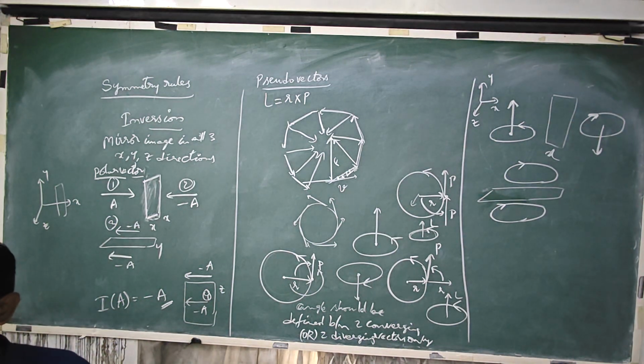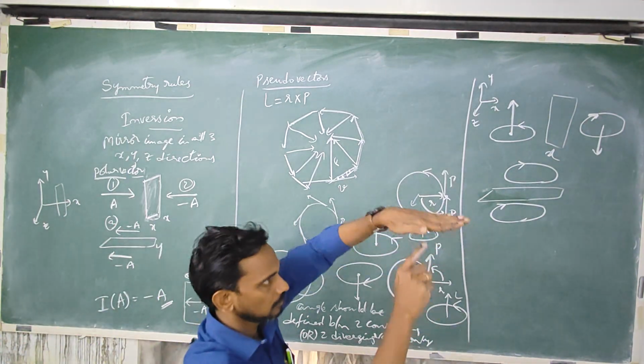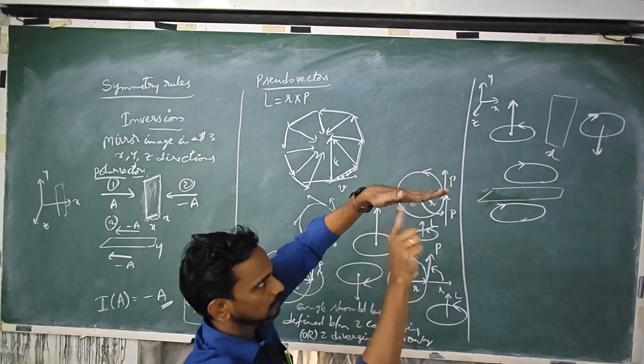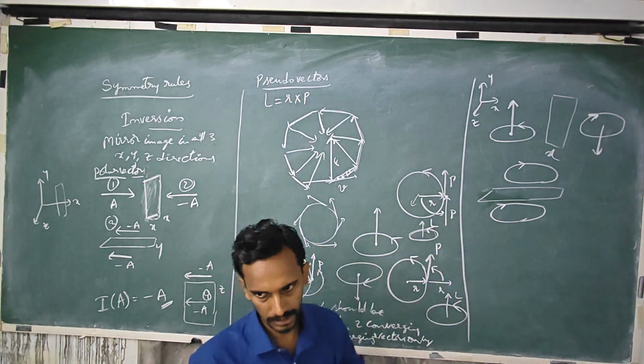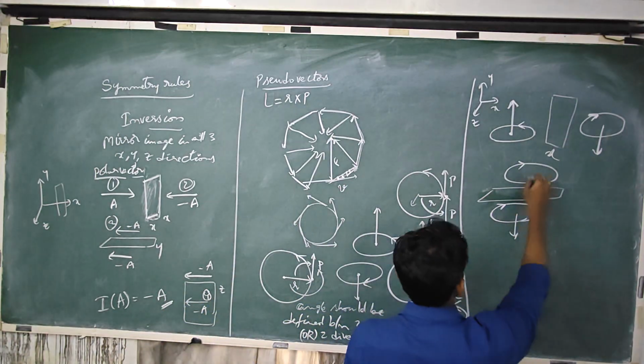No change. If you keep the mirror above the object, inside the mirror it is still rotating in the same direction. So the vector direction is the same.